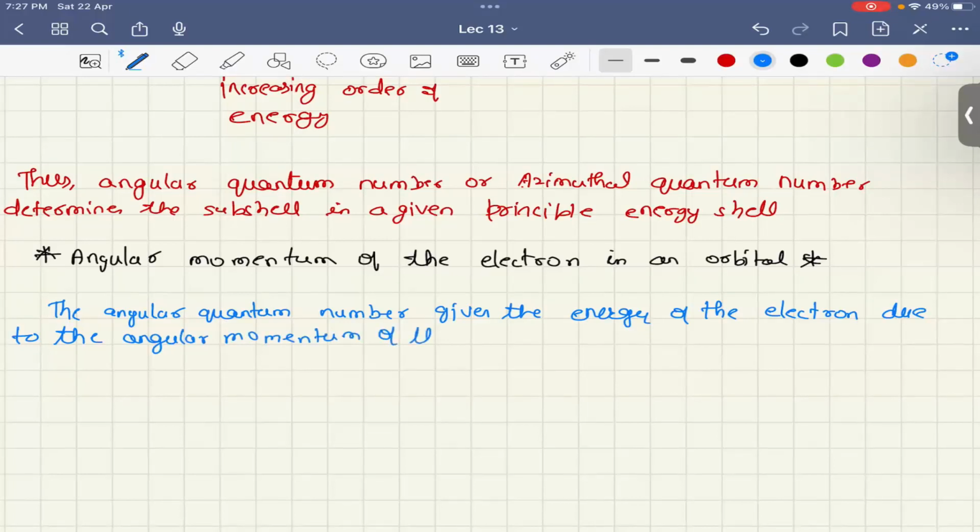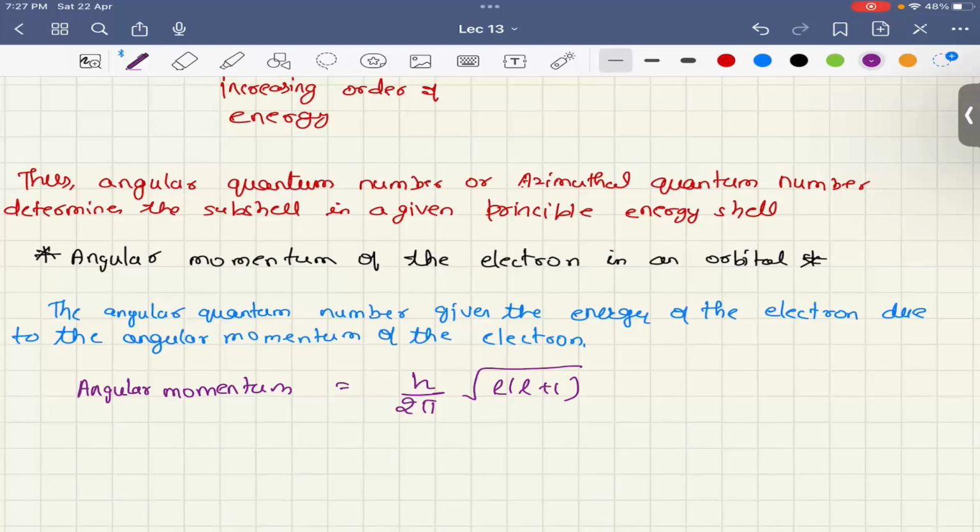Angular momentum is h by 2 pi into square root of L into L plus 1. This is also written as h cross into square root of L into L plus 1, where h cross is nothing but h by 2 pi. This is a standard nomenclature which we use for h by 2 pi. We write it as h cross, an h with a dash over the h symbol, and it is called h bar.